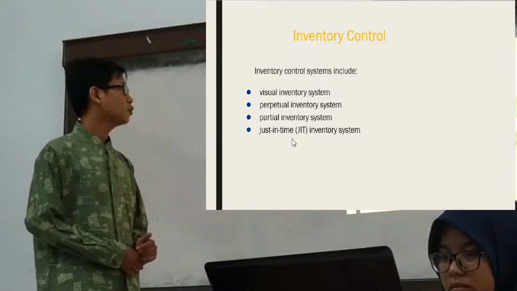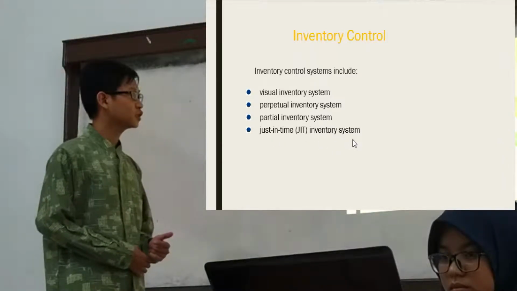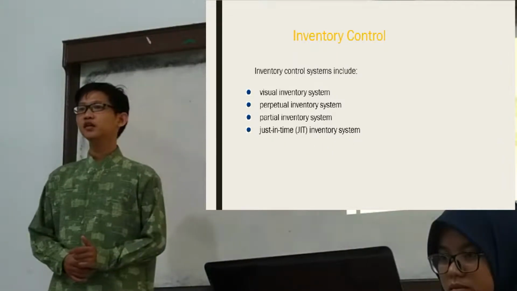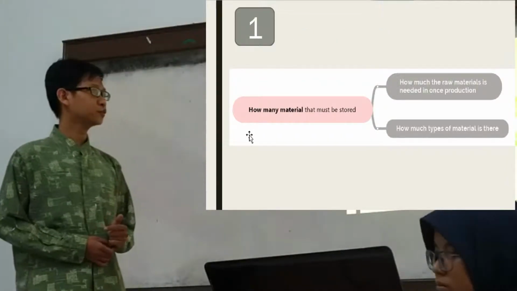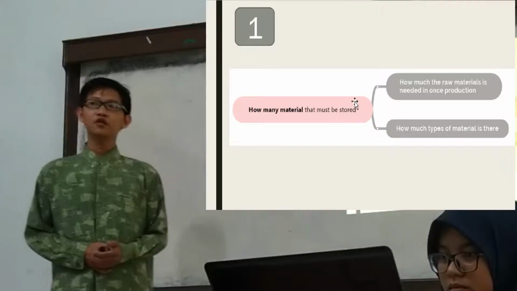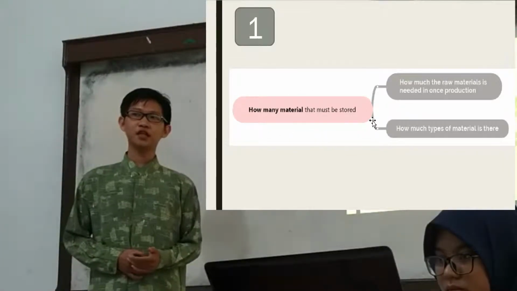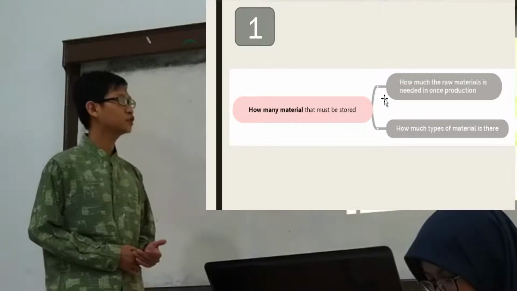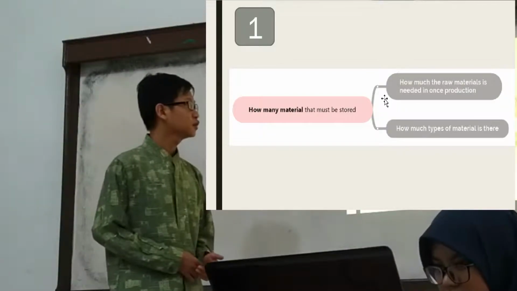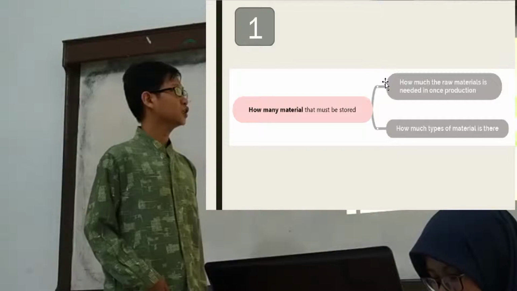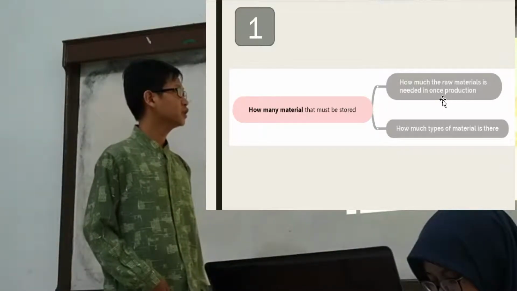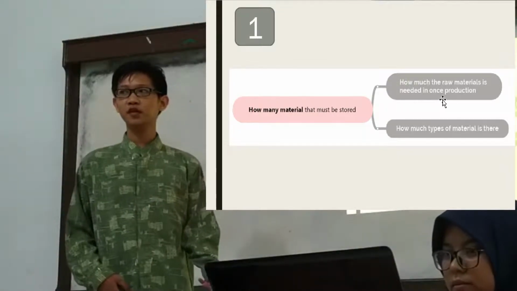First, how much material must we store? This is like what my friend explained before. So we should consider how much material we must store. That can be raw material. How much raw material is needed in one production? We should know it.